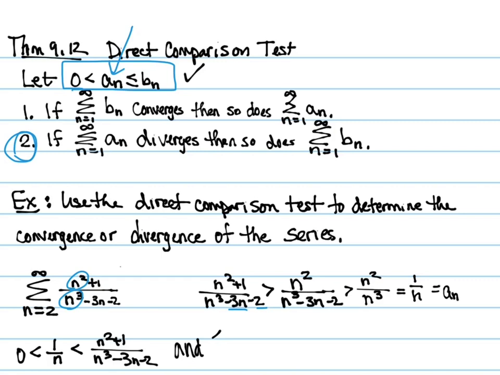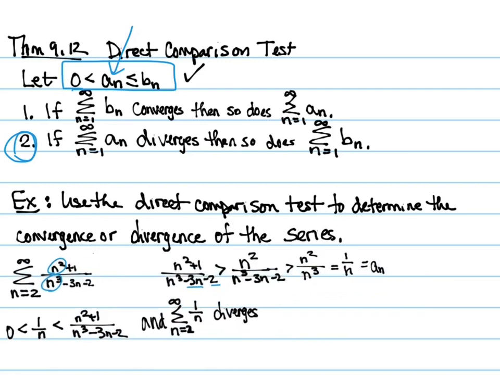And we know that the summation from n equal 1 to infinity, well, 2 is where our sequence starts, so we'll just start with 2. From 2 to infinity of 1 over n diverges. Okay, I need to give myself a little bit more space, just a sec.